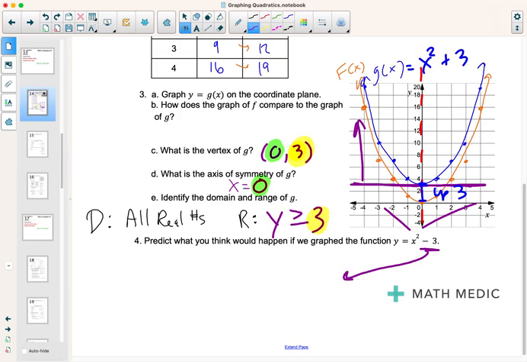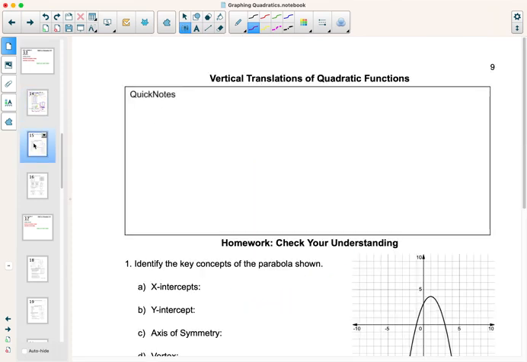You should pause the video and predict, and then look at this. Down 3 from f of x, of course, which is the parent function. So we went down 3. Negative 3 means down 3. Makes perfect sense.